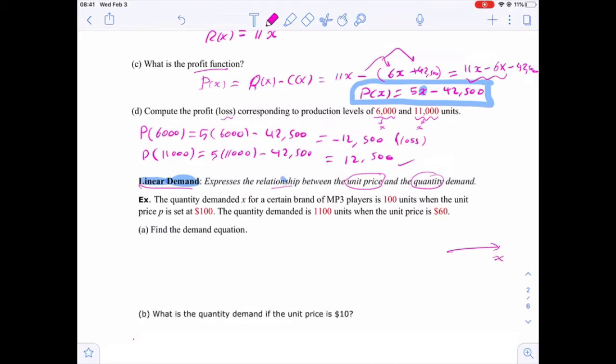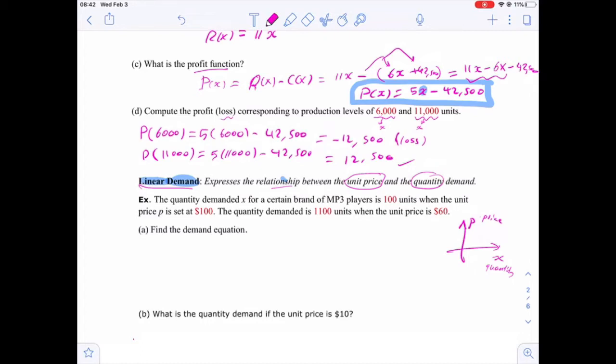So here we have quantity x and unit price on the y-axis. Instead of dealing with x and y, we deal with x and p. x is the quantity and p is the unit price. So this is our Cartesian coordinate system that we deal with when we want to graph the demand function.